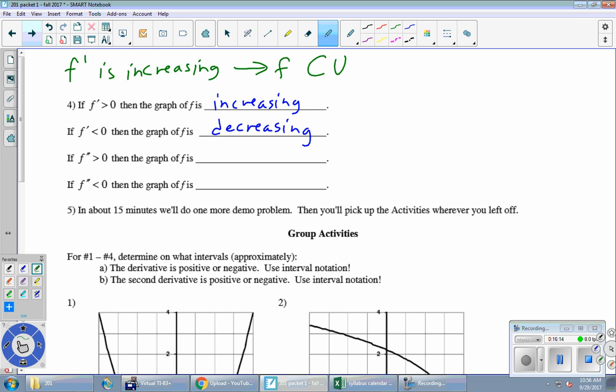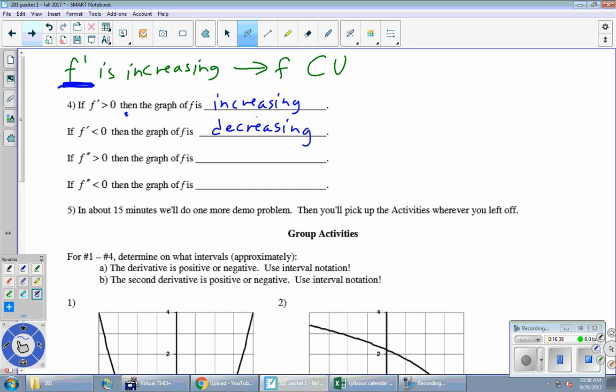But if f prime is increasing, I'm going to hide temporarily this little prime thing here. Would you guys agree, if you have a function that's increasing, then its derivative is positive? It's actually exactly what we wrote here. If a function is increasing, then its derivative is positive, right? Okay, well here, f prime is a function which is increasing.